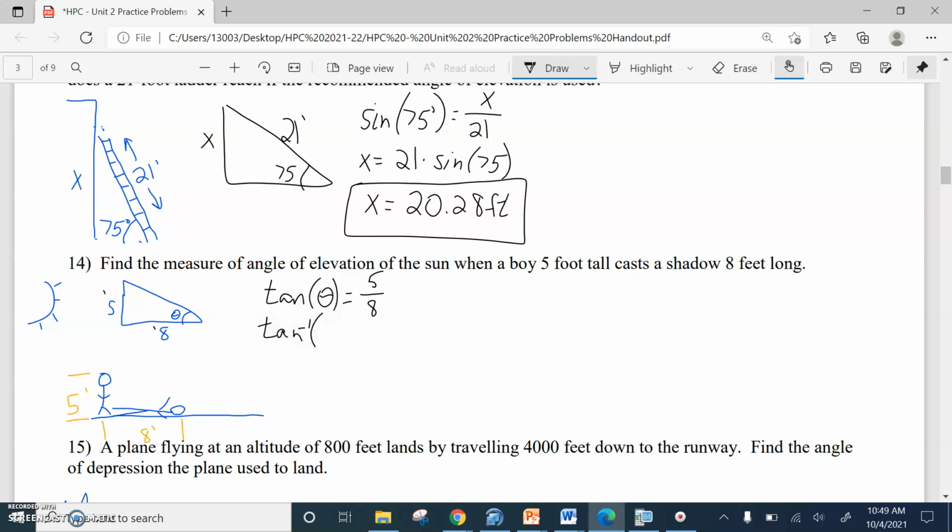There's a few ways to say it. We take the tan inverse of tangent of theta, and what we do to one side, we do to the other. So we take the tan inverse of 5/8. On the left side, the tangent inverse, in a way, cancels or undoes the tangent, so we're left with theta. And then tangent inverse of 5/8.